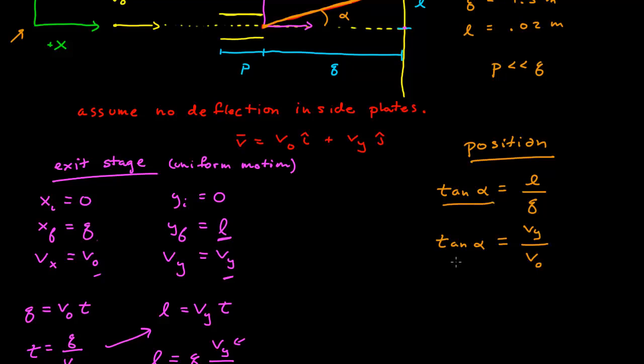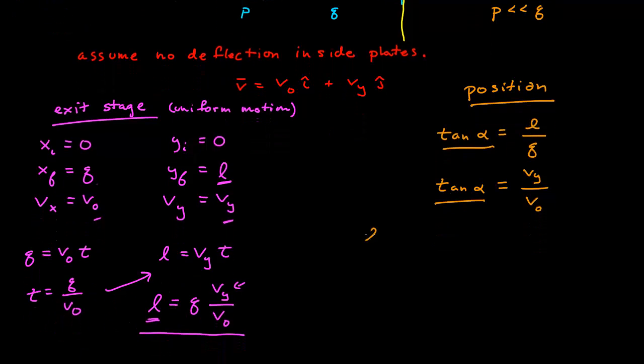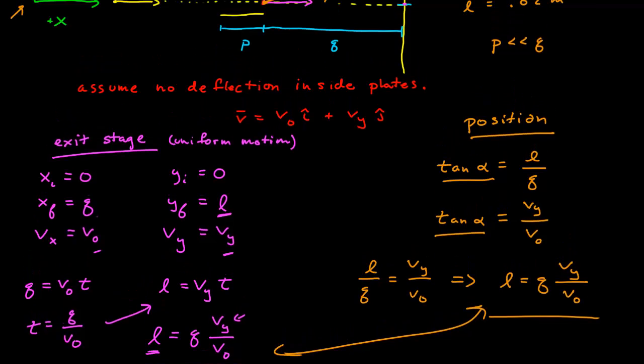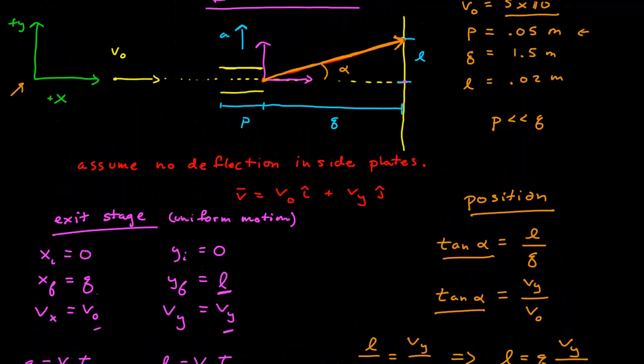Well, alpha is the same in both of these relationships. So that gives us that L over Q is equal to V y over V naught, or L is equal to Q V y over V naught. That agrees.